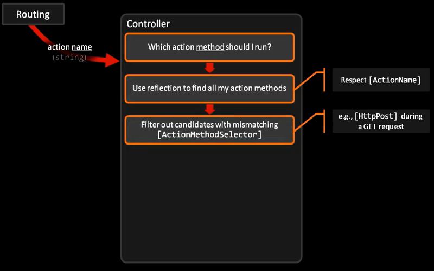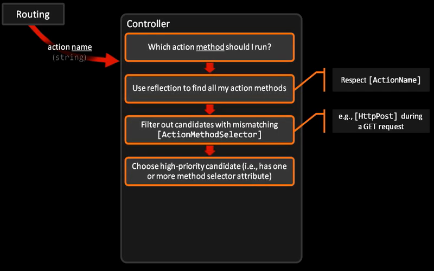Next, it eliminates any candidates that have a mismatching action method selector attribute. HTTP GET and HTTP POST are both examples of action method selectors. So if it's a GET request, it will eliminate any method with the HTTP POST attribute. Now, it gives special priority to methods that have one or more method selector attributes. If there's exactly one of those, the algorithm terminates and it uses that one.